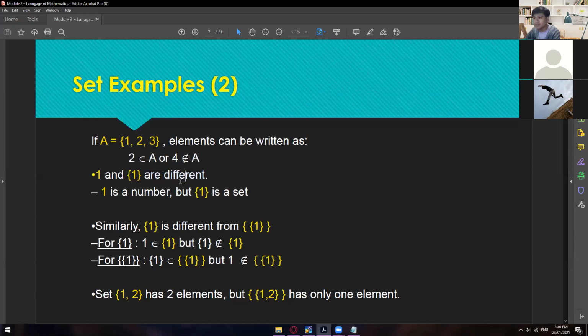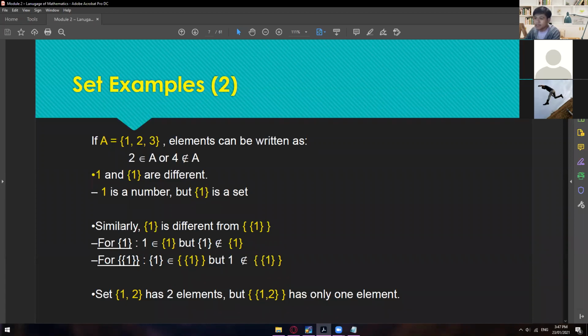They are not the same with each other because 1 is just a number, and this one, with a curly bracket, close and open, wherein it has the number 1, is actually a set. Anything that has curly brackets like this is already a set, and this set contains the number 1.